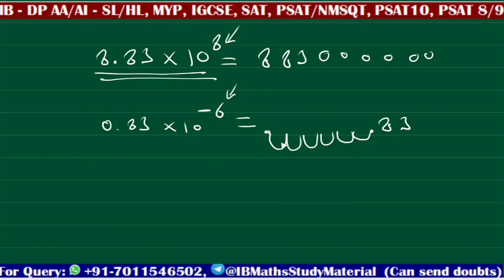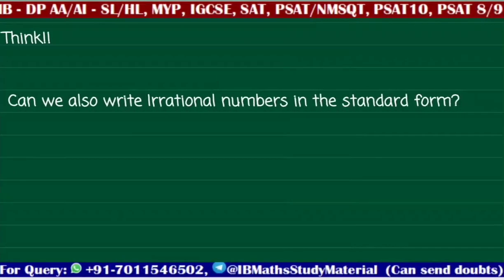I will place a decimal here and place 0 in the blanks. Now I'll erase it. So my answer will be 0.00000083. I hope you have understood converting decimals into standard form and standard form into decimals.